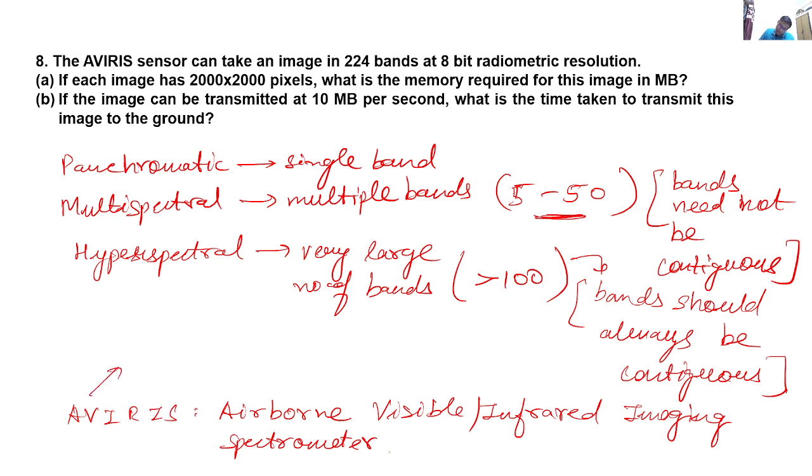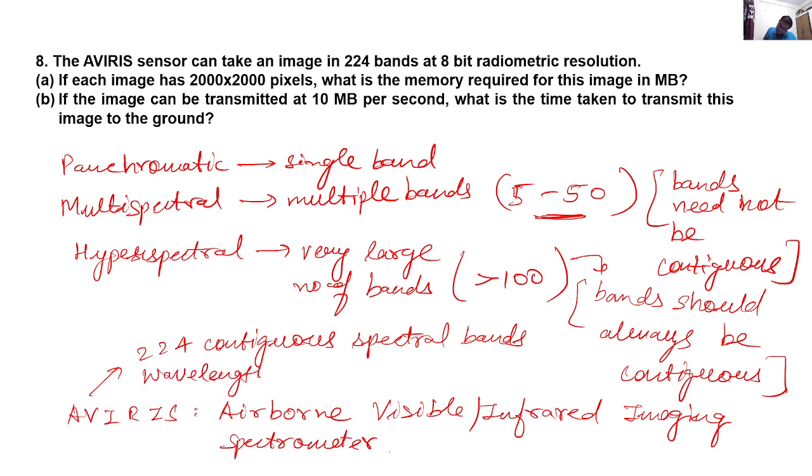It has 224 contiguous spectral bands, and wavelength ranges from 380 to 2510 nanometers.